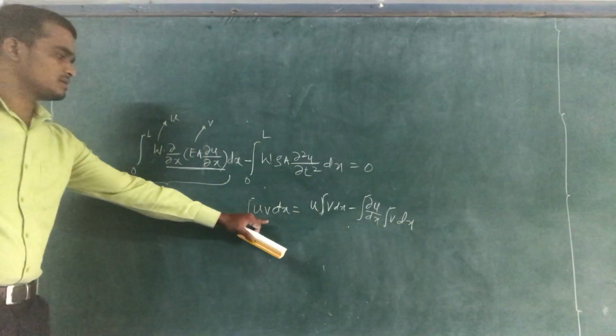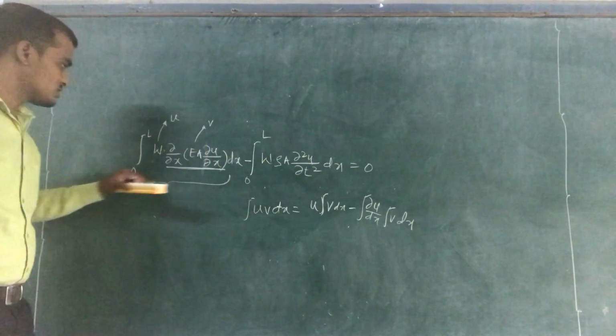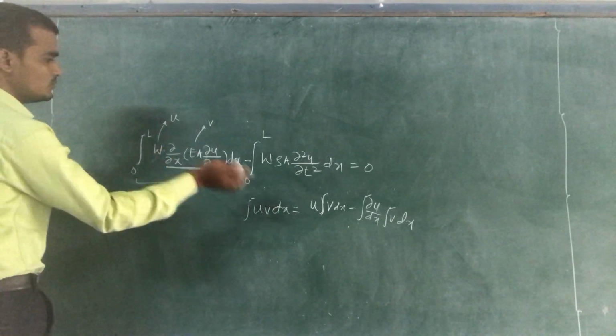Okay, so by using this by-parts rule on this equation, we will write w u v.